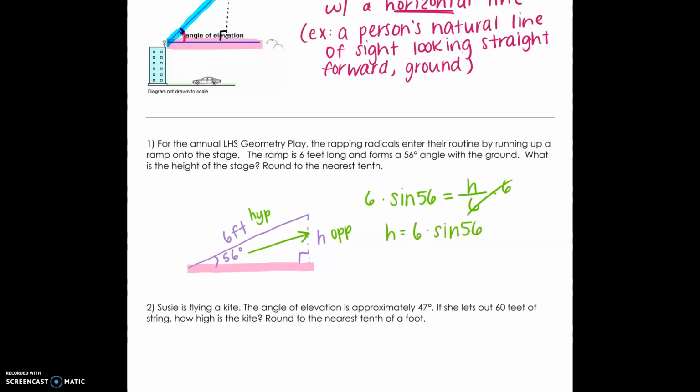We're going to plug that into our calculator, and we should get H is about 5.0 feet. They want us to round to the nearest tenth. That's 1 decimal place. So we have 5.0 feet. Remember, with word problems, it's very important that we label our answers with units. So here we need to include feet.